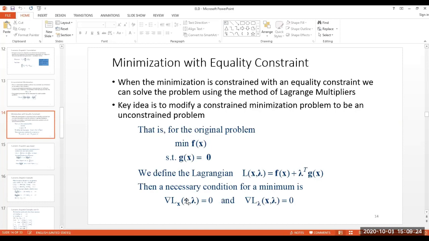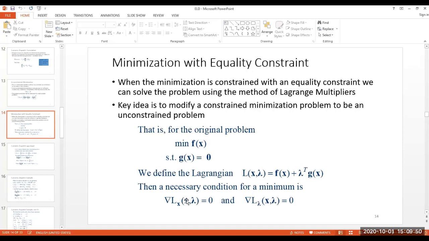Can anyone give an example of a second order optimality condition which we have already discussed in this course? Can you recall in one of our earlier lectures? Taking the second derivative. Yeah, did we take the second derivative anywhere?